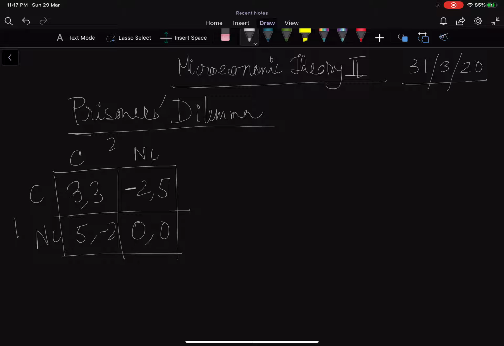And this had a unique Nash equilibrium, which was this one. Okay, not cooperate, not cooperate was the unique Nash equilibrium of this game.